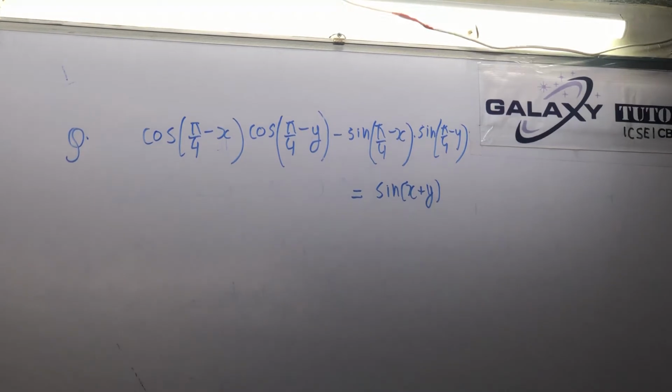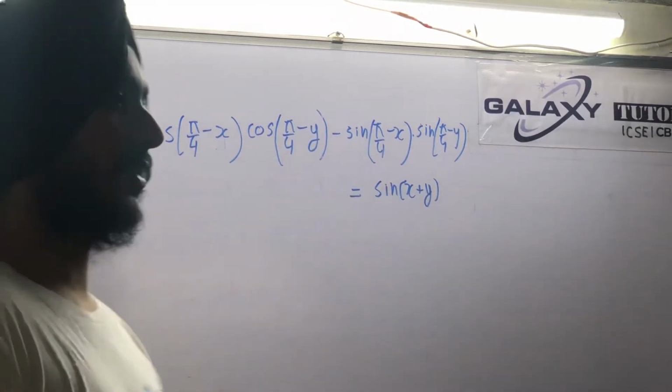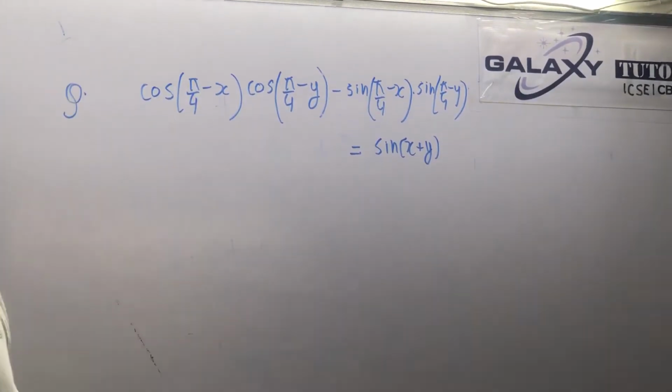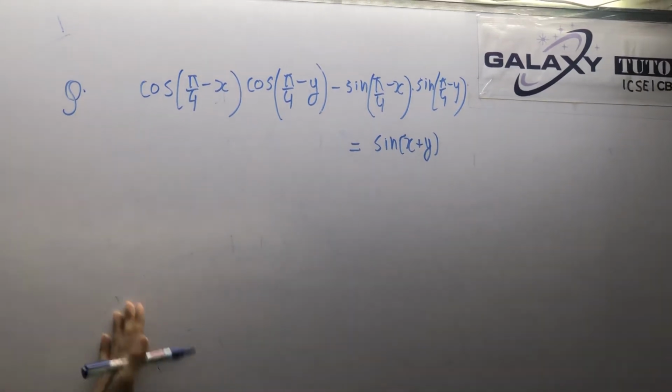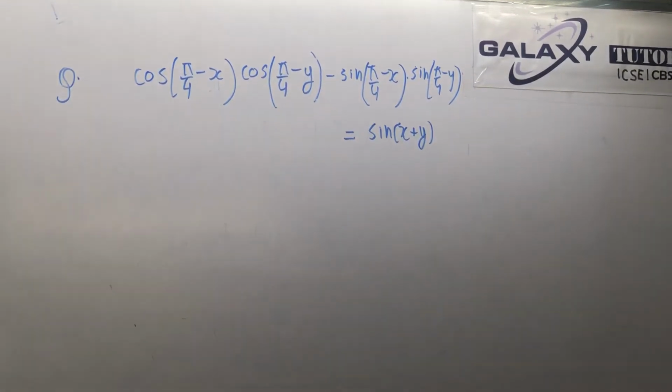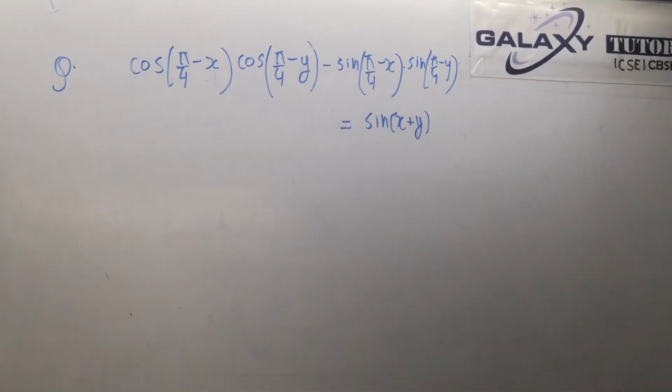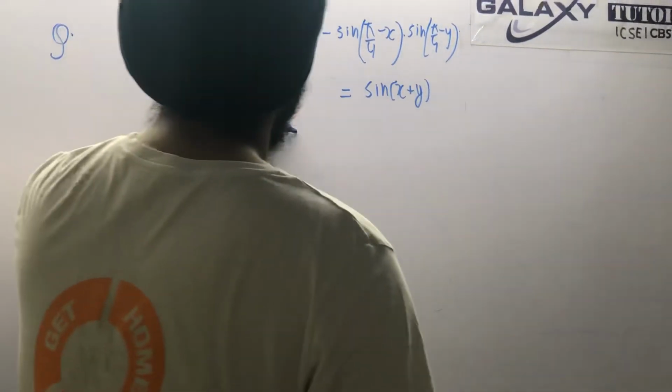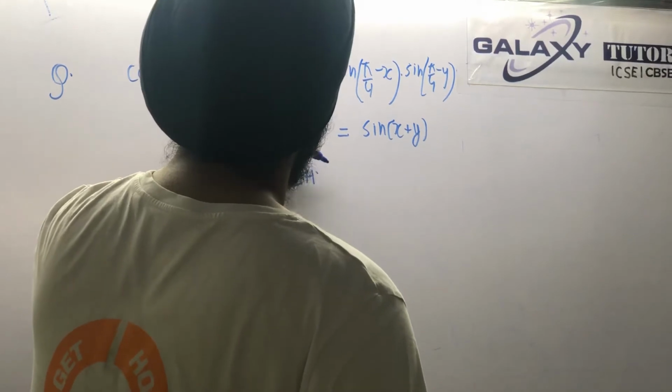Okay, so you have to prove this equal to sin x plus y. Okay, so from which side will you start? You will obviously start from the left hand side because that is a more complicated one. So you have a good chance to simplify that one. Okay, so we will start from the left hand side.